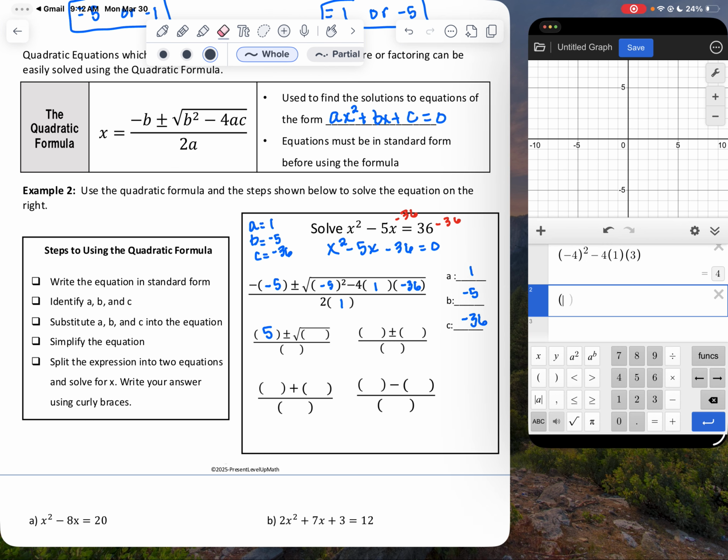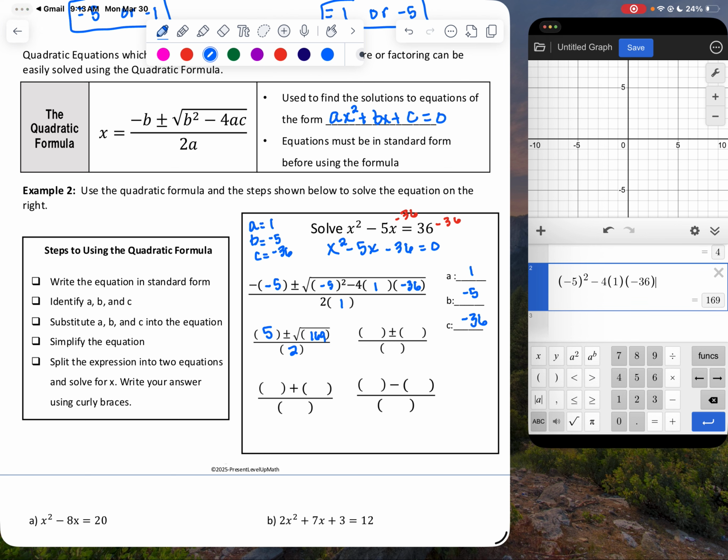Start with the parentheses: negative 5 squared, minus 4 times 1 times negative 36. That tells me this is 169. On the bottom of my fraction, I have 2 times 1, which is 2. So now I've simplified this down to 5 plus or minus square root 169 over 2.